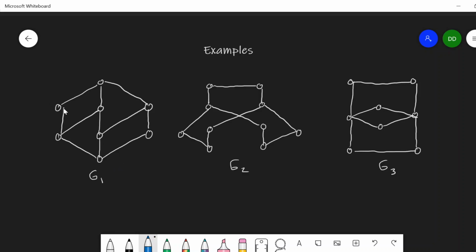Yes, I believe I can. I'll trace it out here. And there we have what I just traced out is a Hamiltonian cycle in G1. It encounters every vertex exactly once. And so this is a Hamiltonian cycle, and so G1 is said to be Hamiltonian.